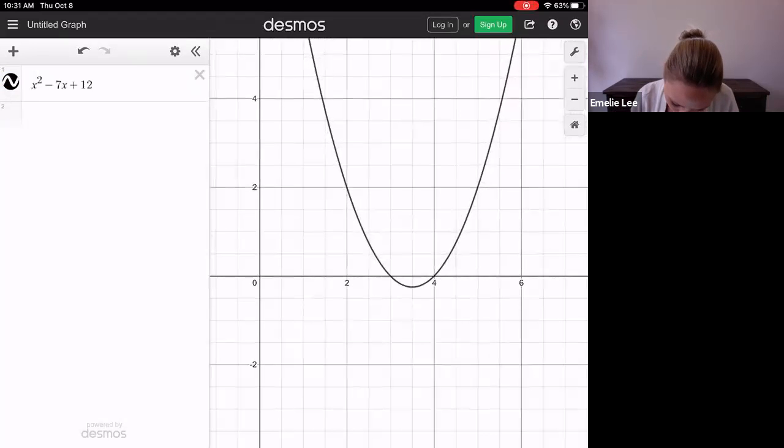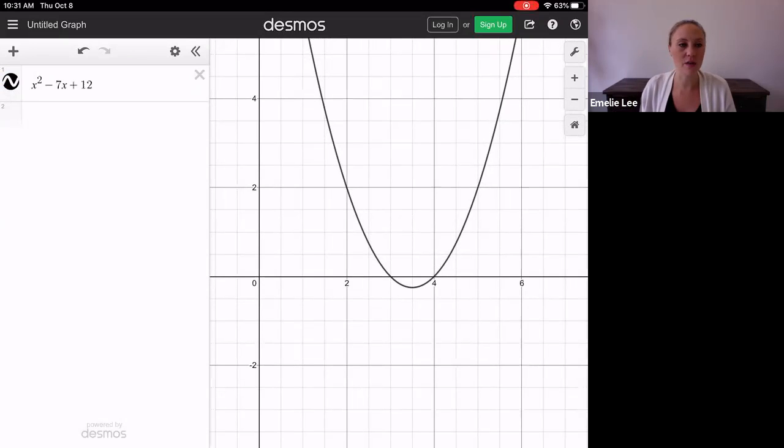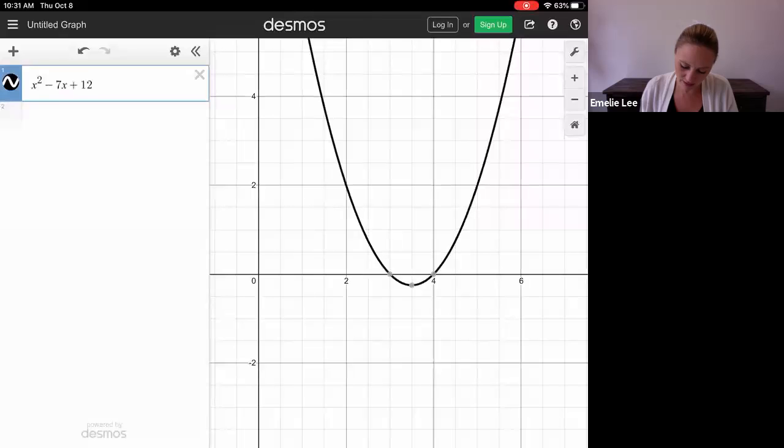Now I've got 6 on the board here. If I click on my line, it looks like 3 is a solution where this thing equals 0, and 4 is a solution, so x equals 4 is also a solution where this thing equals 0.